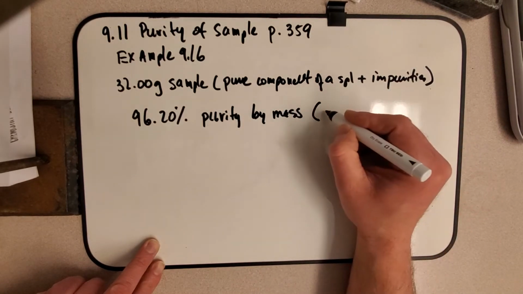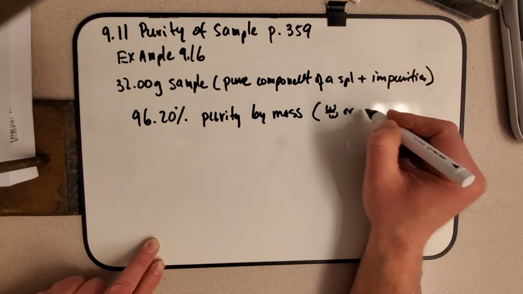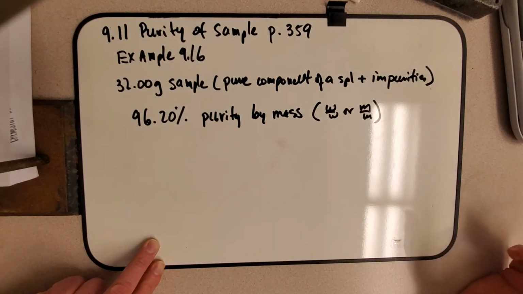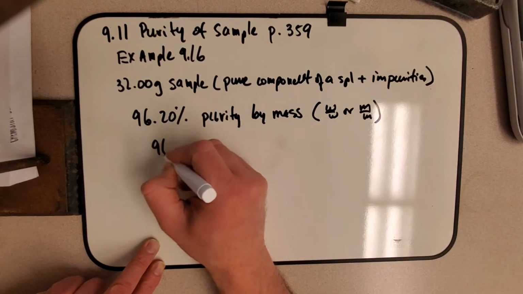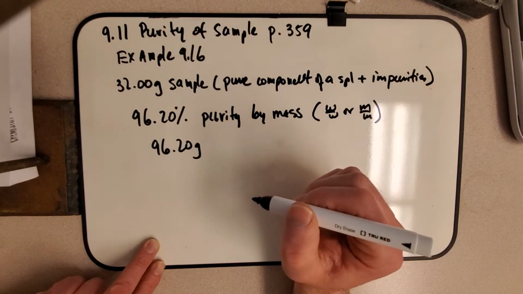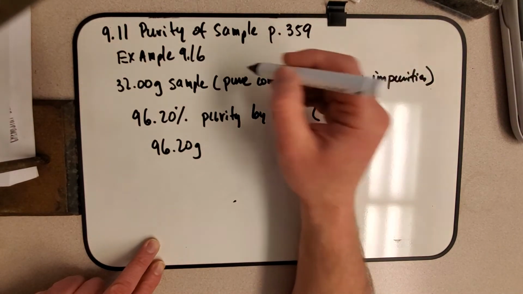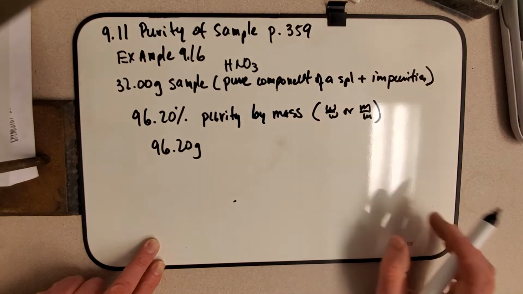Usually you will see something like weight by weight, or m over m, mass by mass. It means you got grams of the pure sample, and the sample we're discussing here is nitric acid, which is HNO3.